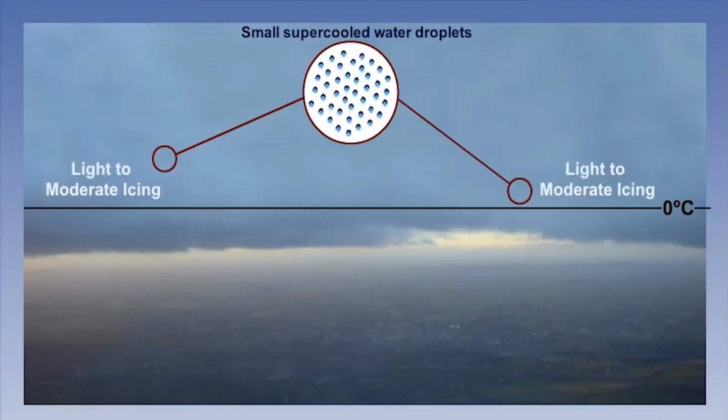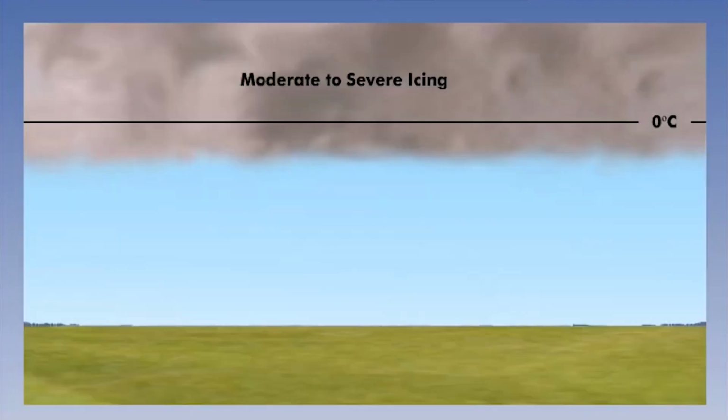As a result, we can generally expect only light to moderate icing, and typically only rime ice. The cloud that is an exception to this is nimbostratus. It can have the vertical support for the large droplets, and the icing risk could be moderate or even severe.